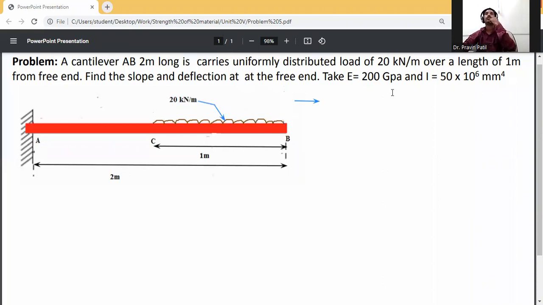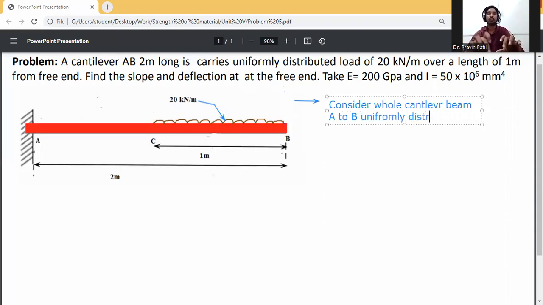The actual uniformly distributed load is applied from C to B only.